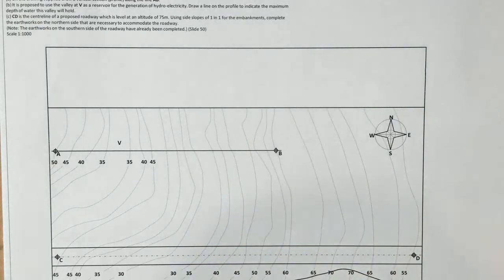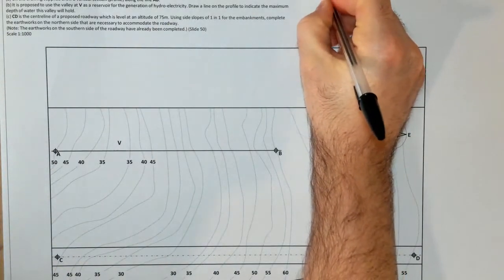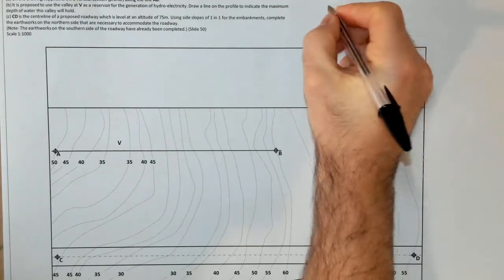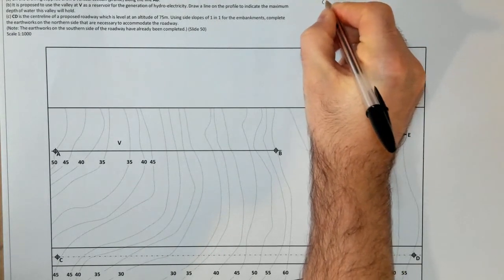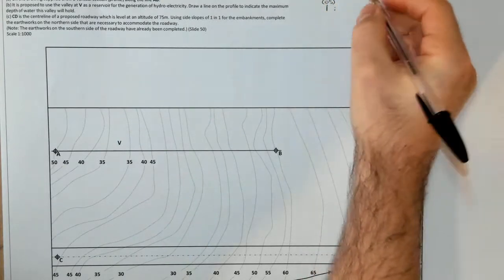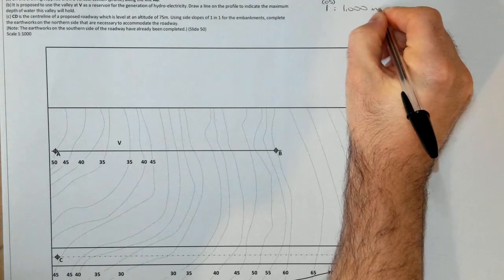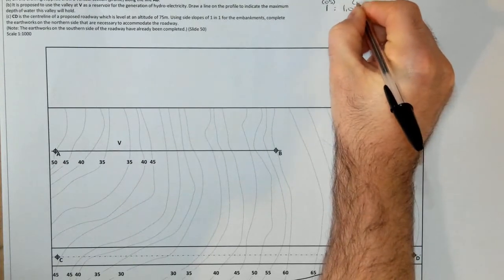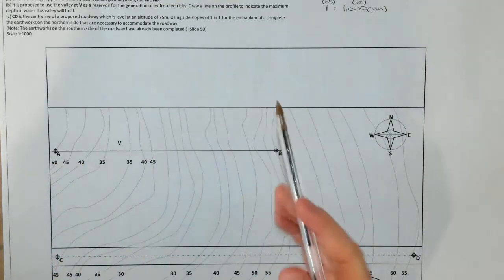Right, so with that information, first of all we're going to work out our scale. Our scale is 1:2000. What that means is 1 millimetre on my sheet equates to 2000 millimetres in reality. And we have to work up to 5 metres, which is 5000 millimetres.